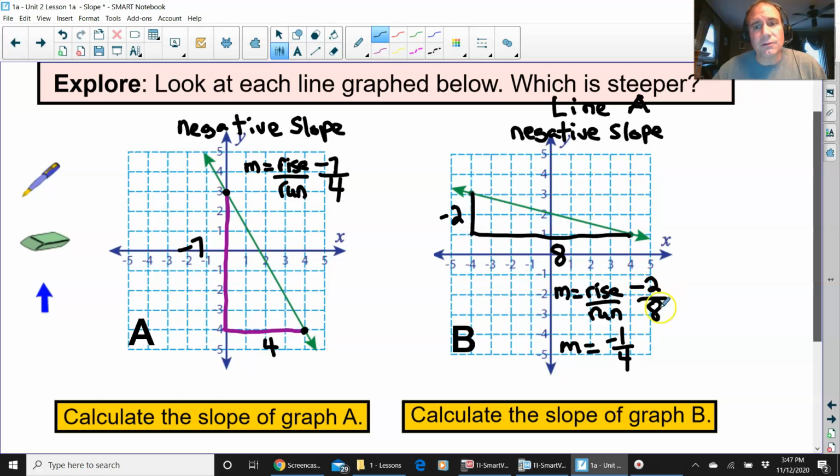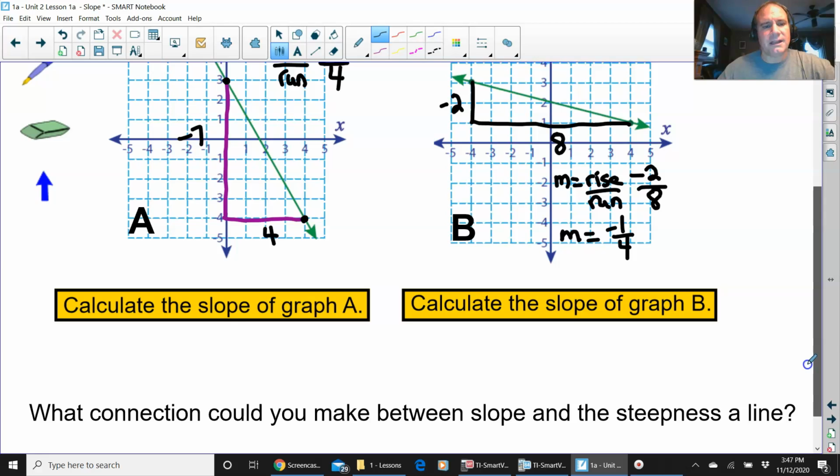This is very close to 0, -1/4. It's -0.25. Think about that. So you're thinking about it and you say, all right, the further a number is away from 0, the steeper the slope, and you can see it right here.